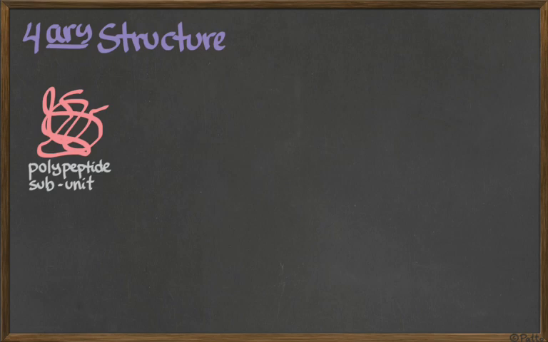But some proteins are actually made by connecting different numbers of polypeptides together. In this example here, we have two subunits, so two different polypeptides that get connected together and make a different shape. So in this case, we have one protein made by two polypeptides.